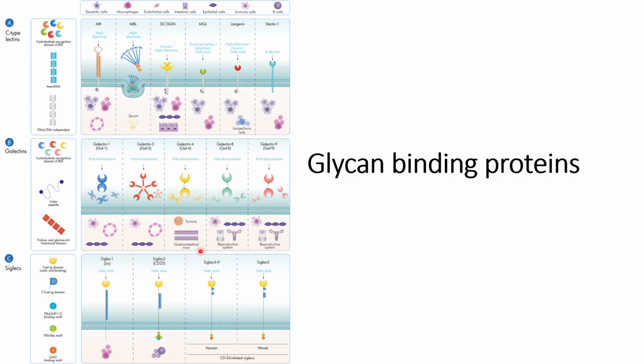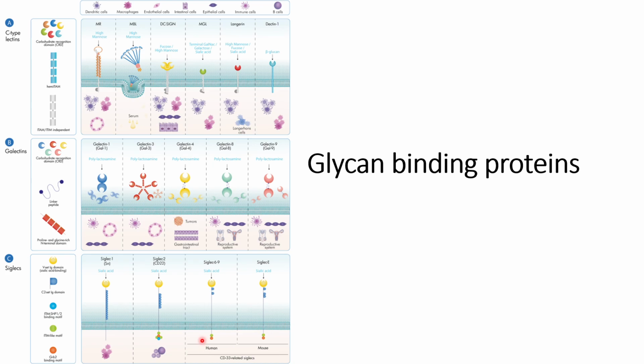And Siglecs 6 to 9 can also detect the sialic acids that are found on human beings.